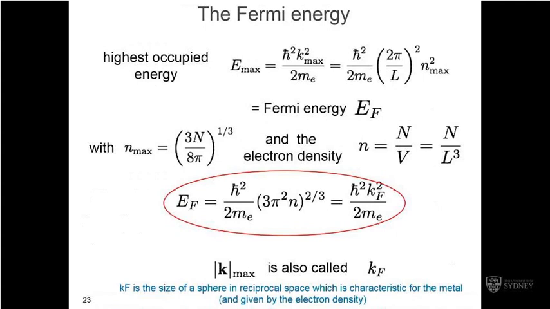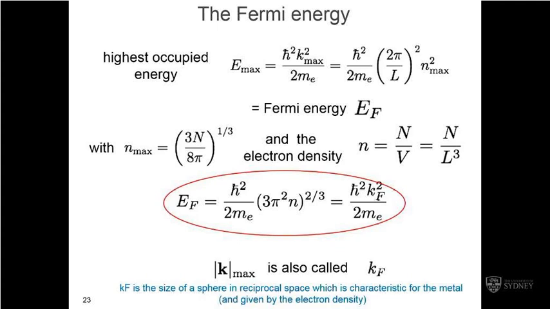Okay, it's all the same. We derived that N max, our maximum sort of N radius, if you like, was equal to that. We know the electron density is defined by the number of electrons divided by the volume, which is L squared. What you should do is try and derive this expression.